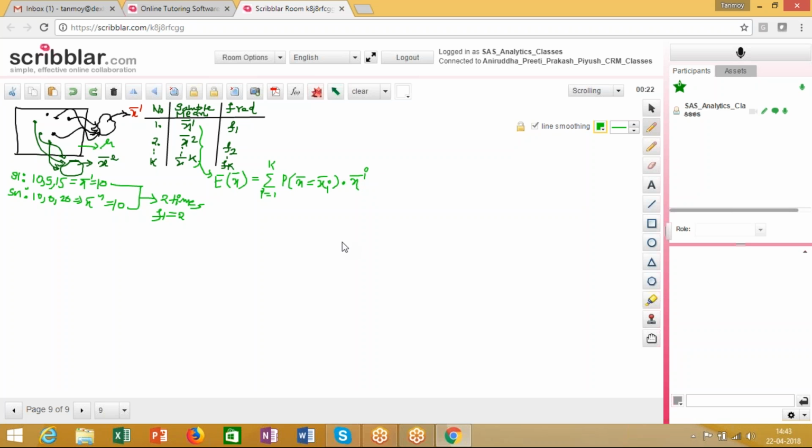So what is the probability of getting x bar i? X equal to x bar i, right? So probability x bar equal to x bar i into x bar i.